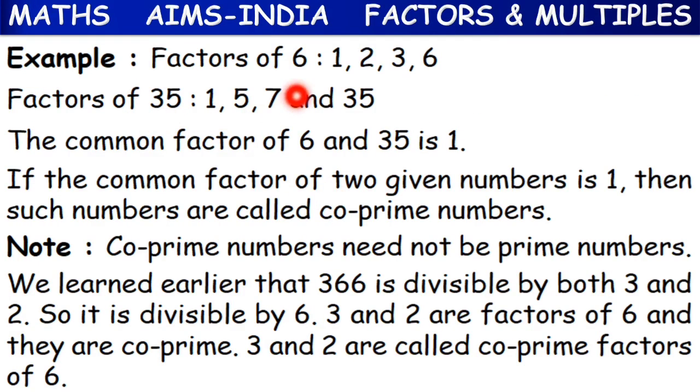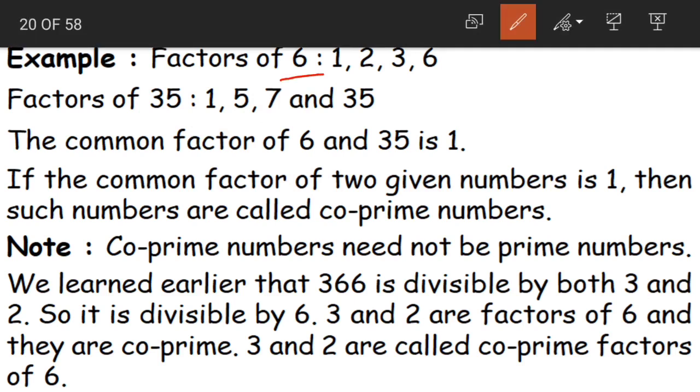For example, here we are having another example. See, 6 and 35. Both of these are not prime numbers. Yes. Now the factors of 6 are 1, 2, 3, 6. The factors of 35 are 1, 5, 7 and 35. Now what is the common factor which is the same in both? 1. 1 is their common factor.